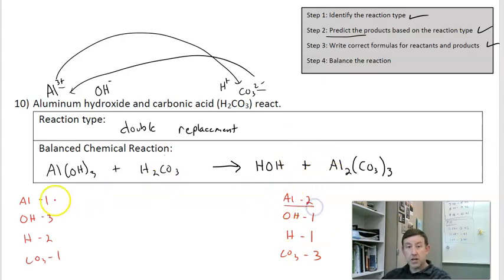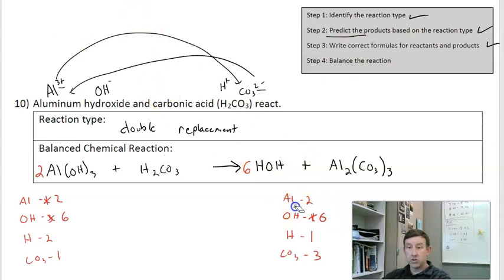I've got 2 aluminums there, 1 there, so that means I need to put a 2 there. That makes that 2. But it also makes my hydroxides 2 times 3, 6. All right, now if I want to balance out my hydroxides, I'm going to have to put a 6 here. Make that 6.